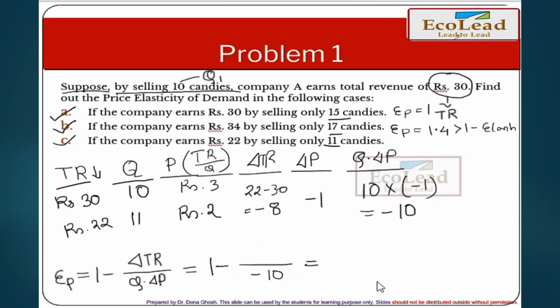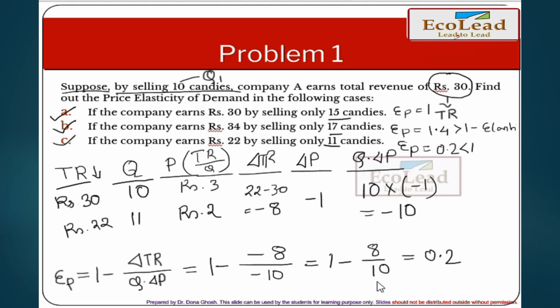So here it will be minus 8, and this minus means it will be plus. If we simplify, we get 1 minus 8 by 10, which gives 0.2. So in the third case, the price elasticity is equal to 0.2, less than 1.